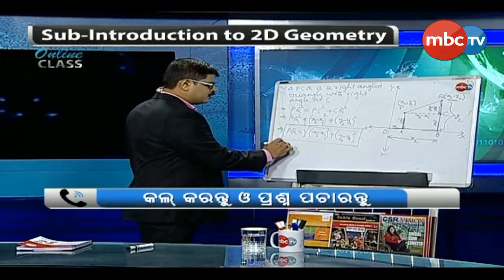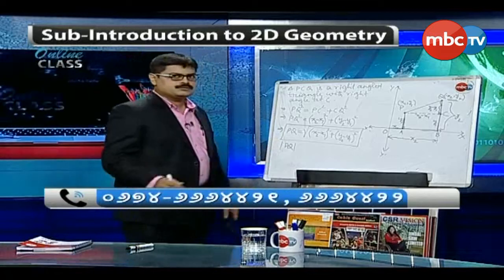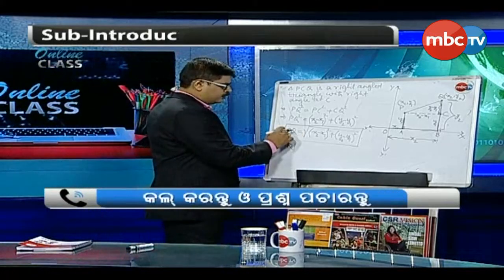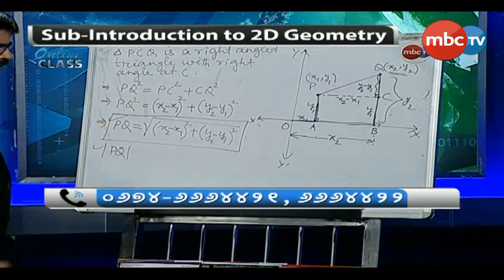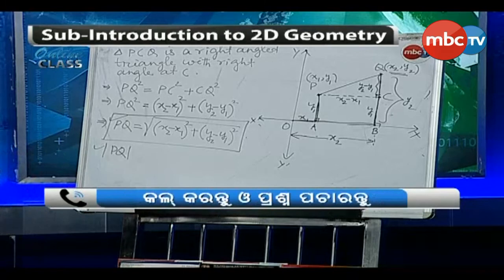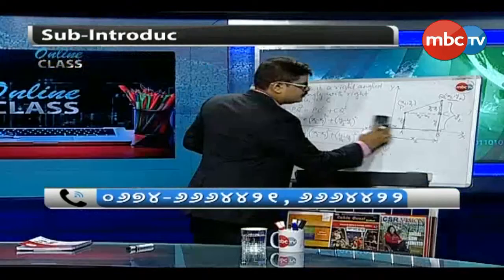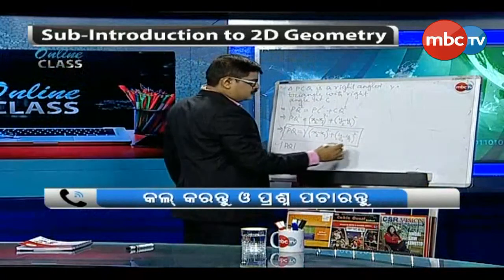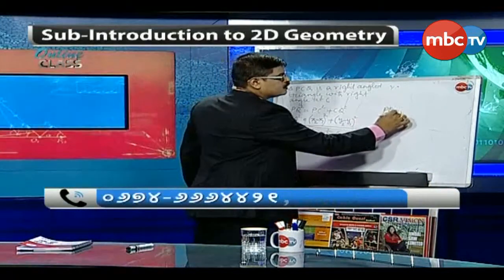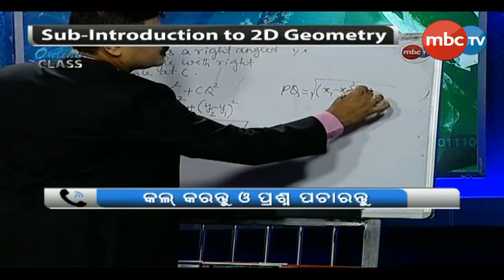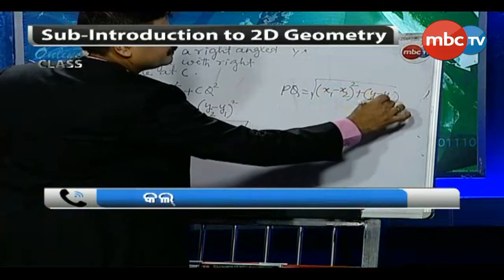Sometimes we write mod PQ. In some books you will get this notation, mod PQ, as the distance. No problem, you can write also PQ within bars. Now tell me, can you write PQ is equal to square root (x1 minus x2) whole square plus (y1 minus y2) whole square?